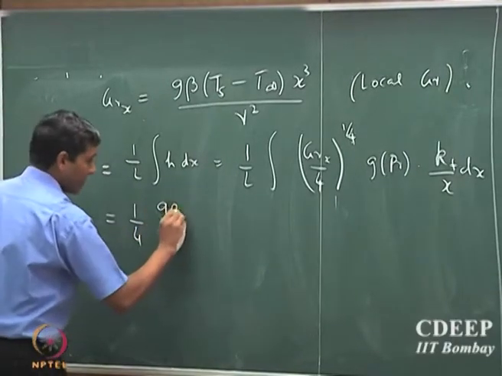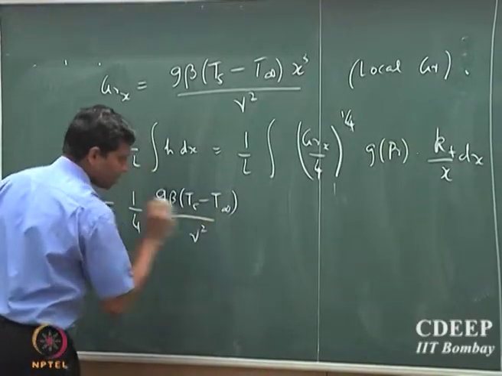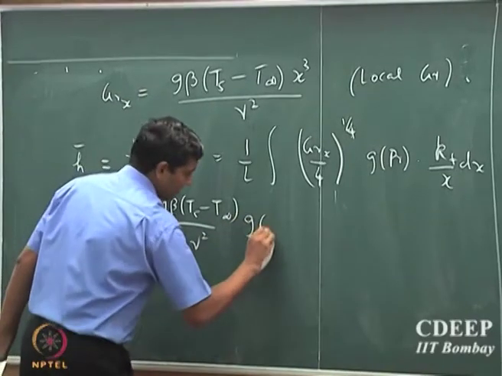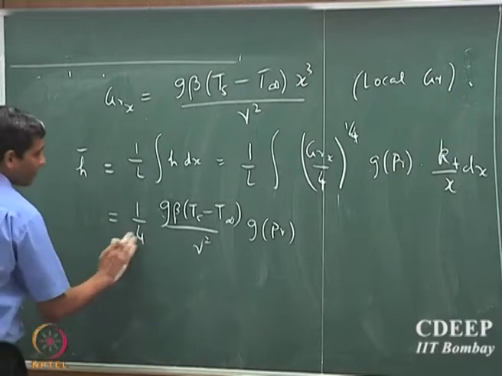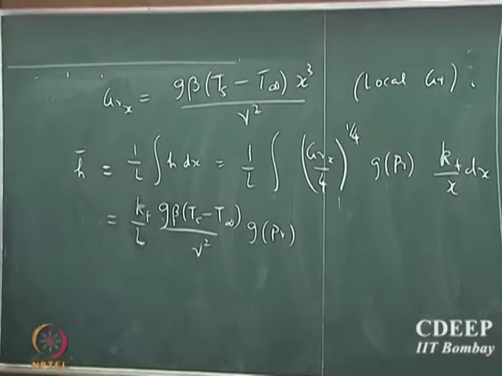g times beta Ts minus T infinity by mu square. All these are not functions of x, so we can pull them out. The function of Pr is not a function of x, so we can pull it out. Kf is not a function of x, that can be pulled out.